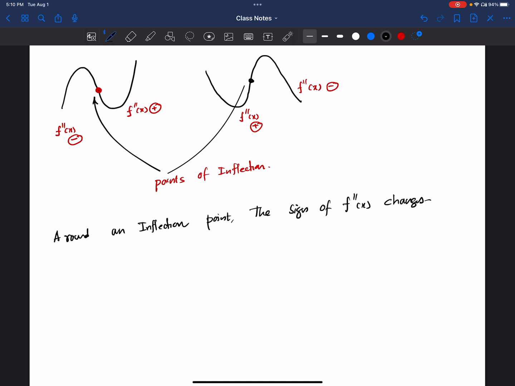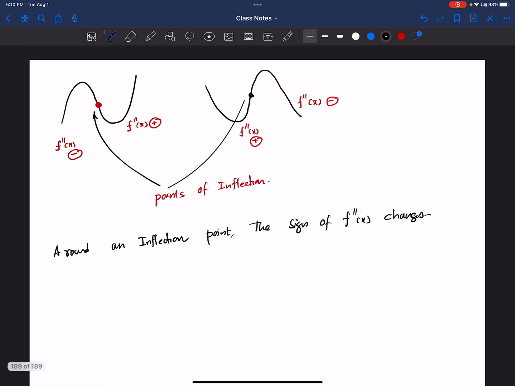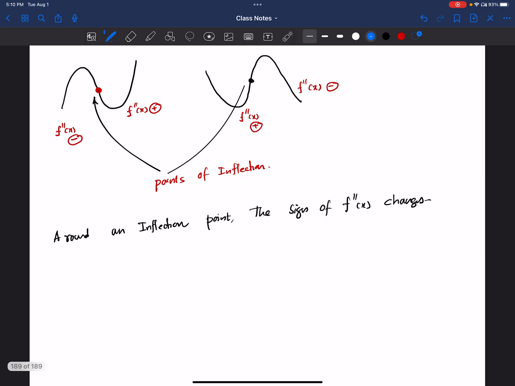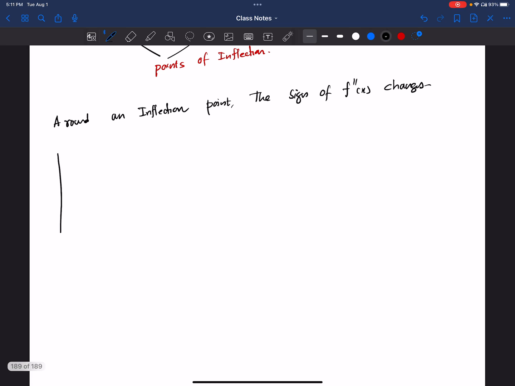Now, let's analyze this problem in a graph. So let's say we have a graph that has an inflection point, concaving down and concaving up, and right here you have an inflection point.